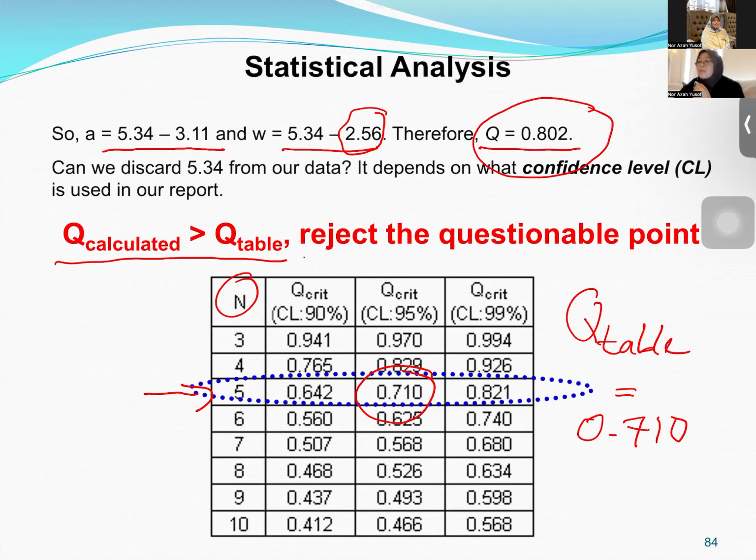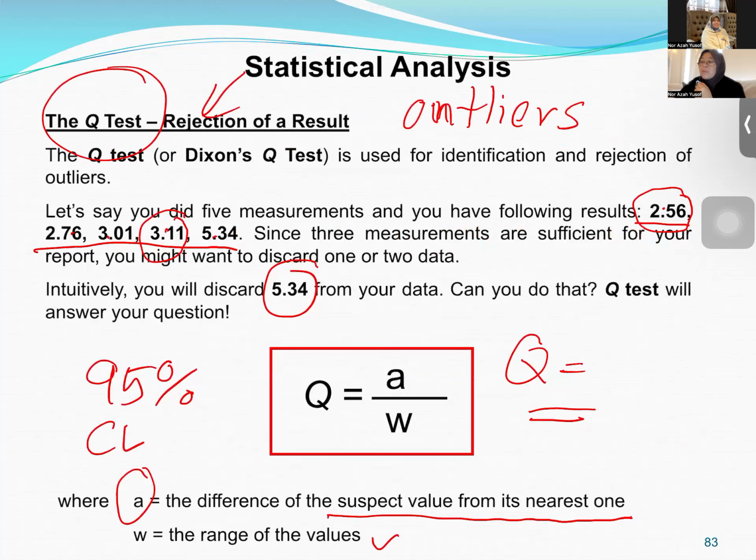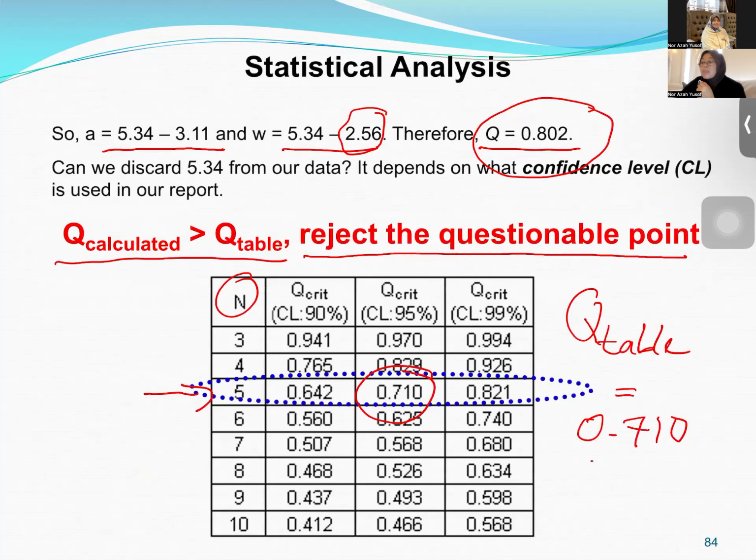So we have to reject the 5.34. It is considered to have a significant difference with the rest of the data, and from the Q-test, we can decide that it can be rejected. So this is very easy.